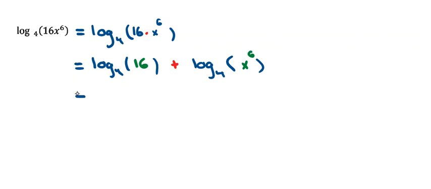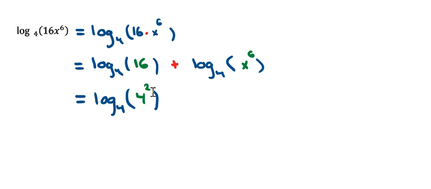Let's take a closer look at this first log base 4 of 16. Notice that 16 actually happens to be a power of 4. In particular, 16 is 4 squared. So if we wanted to, we could write the argument of that first log as 4 squared.